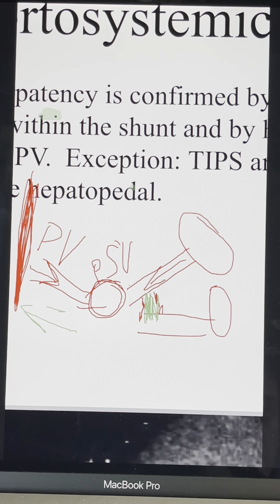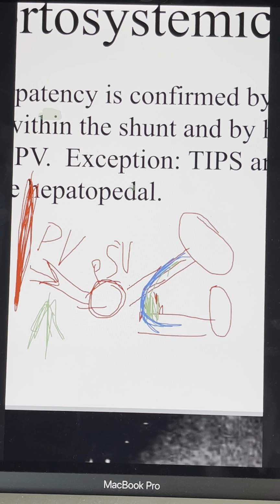So the normal direction of the blood is towards the liver in portal vein, but because of the high pressure inside the portal vein, and to reduce that pressure, we just made a connection over here. And if it's confusing to you, I'll just make it blue in color.